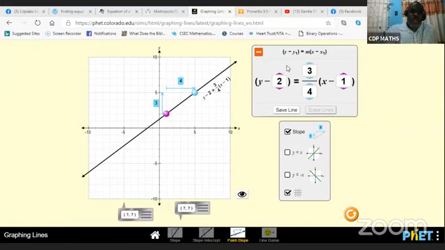Now, when they, this formation, or how it is written, is called a point slope. Good. So whenever they give it like this, it's a point slope. So in other words, now they are going to give you a known point. All right, they're going to give you a known point. Follow?